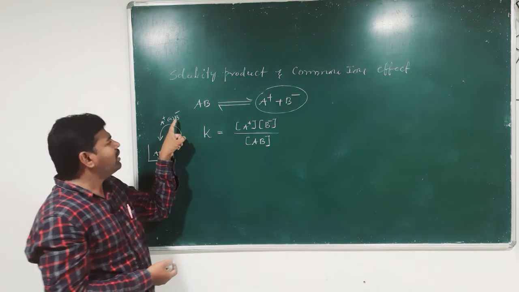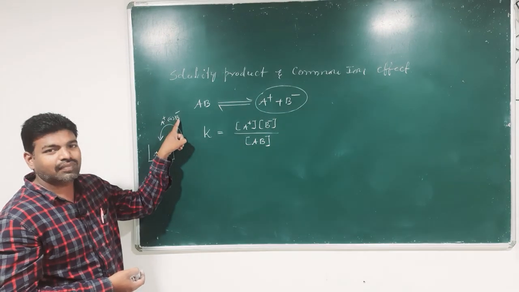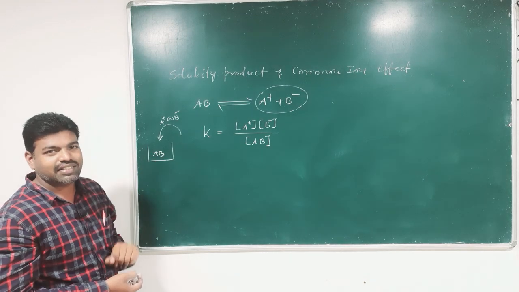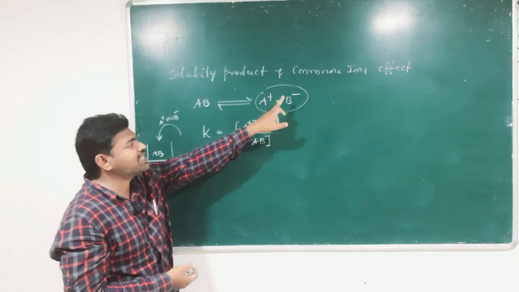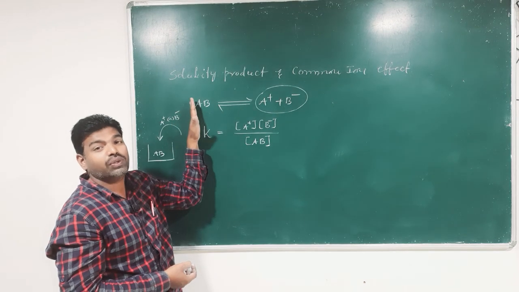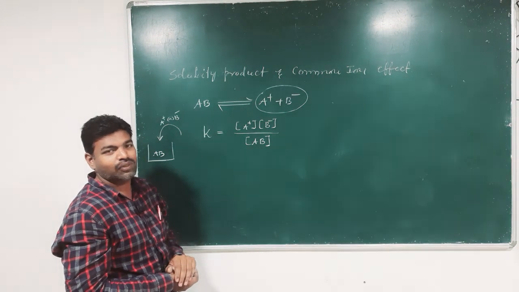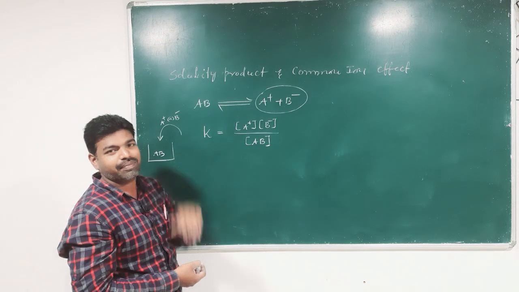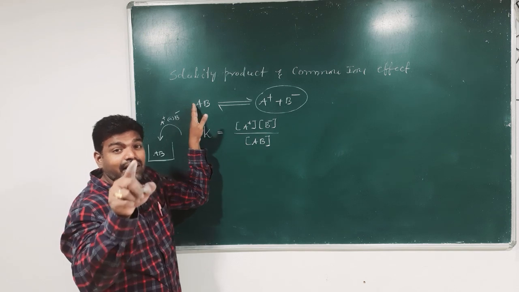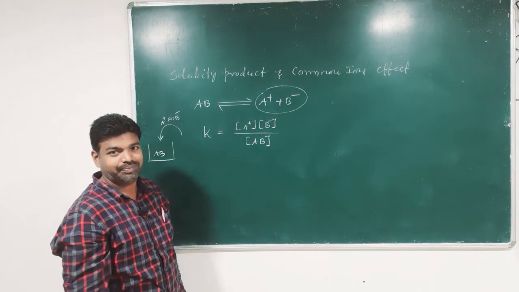When we add another electrolyte furnishing A plus or B minus ions, the concentration of A plus or B minus ions increases, and the equilibrium shifts to the left side according to Le Chatelier's principle, or in order for K to be constant, we have to increase the concentration of AB. So when the equilibrium shifts to the left side, that results in suppression of the degree of dissociation of the weak electrolyte.